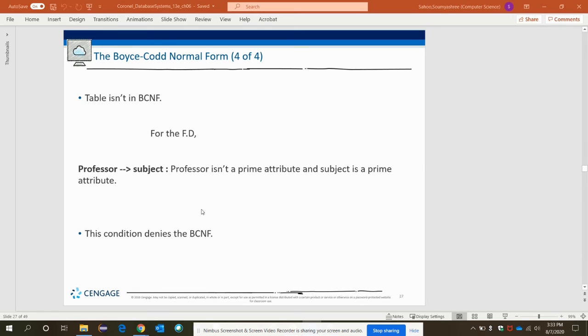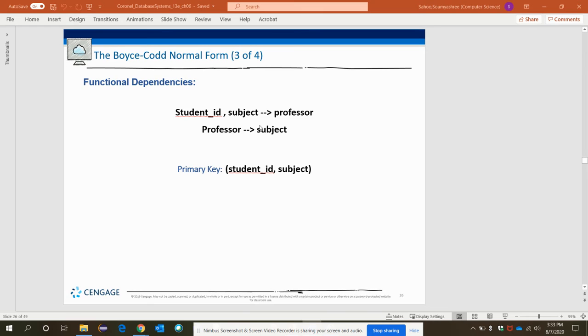See, the table isn't in BCNF. Why? Because we have the functional dependency professor to subject, correct? As per our rule, if A determines B and B is a part of a primary key, then A can never be a non-prime attribute.